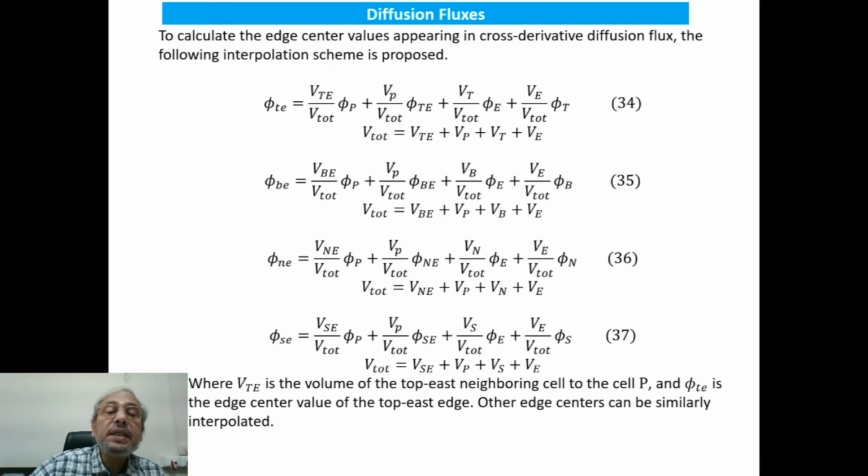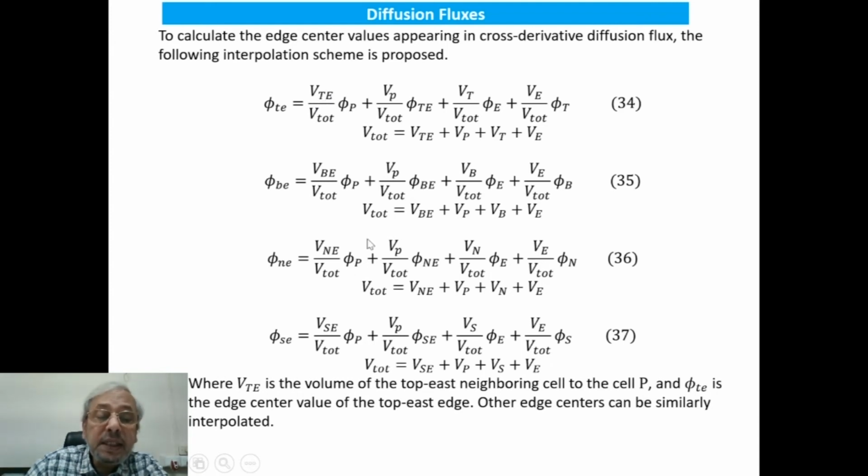So phi TE is Vt by V total into phi P, Vp by V total into phi T, then Vt by V total into phi E, Ve by V total into phi T. So what is phi TE?